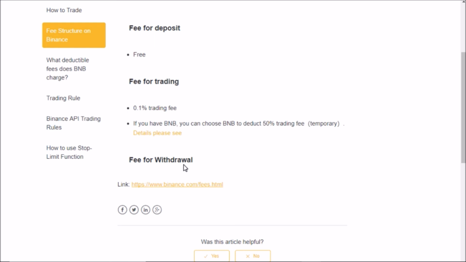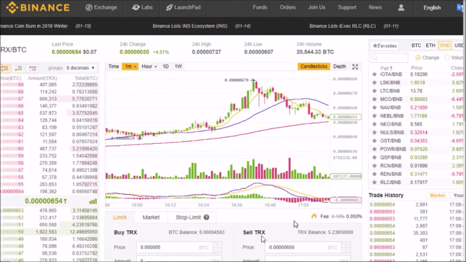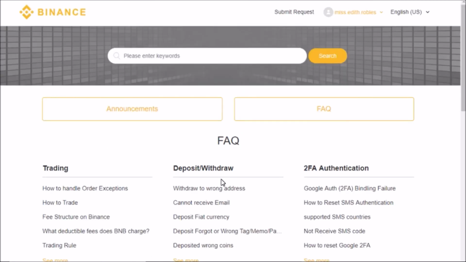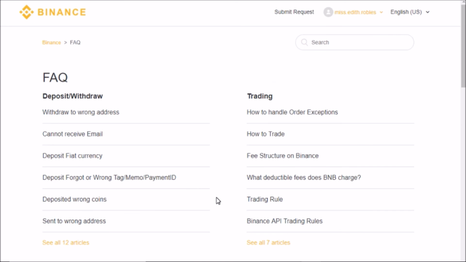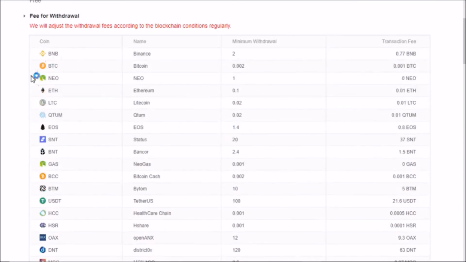Fee to withdraw. Now, for the fee to withdraw, you want to click here. How you get to it: you are in this exchange interface, and what you're going to do is go to support. You're going to go to frequently asked questions, fee structure on Binance, and then you're going to click on the fee to withdraw. And this is all the withdrawal fees according to the altcoin.